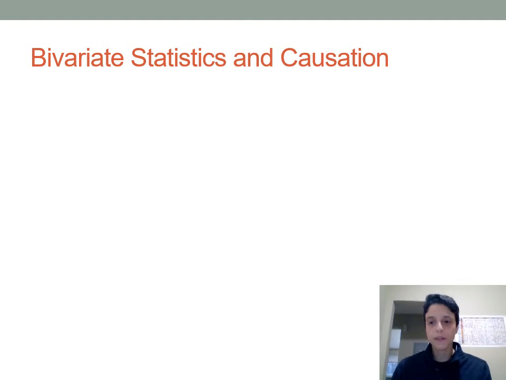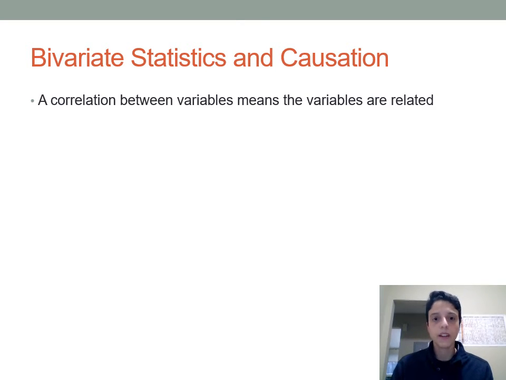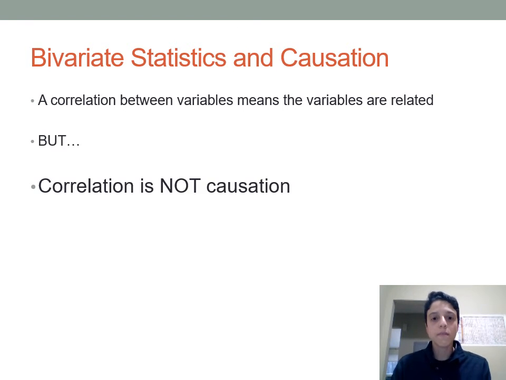And the one thing I want to remind you, that you may have heard before, but maybe not, is that correlation is not the same thing as causation. And association between variables is not the same as causation. So a correlation between variables or a chi-square test can show you that two variables are related. But this doesn't mean that one variable causes the other one.